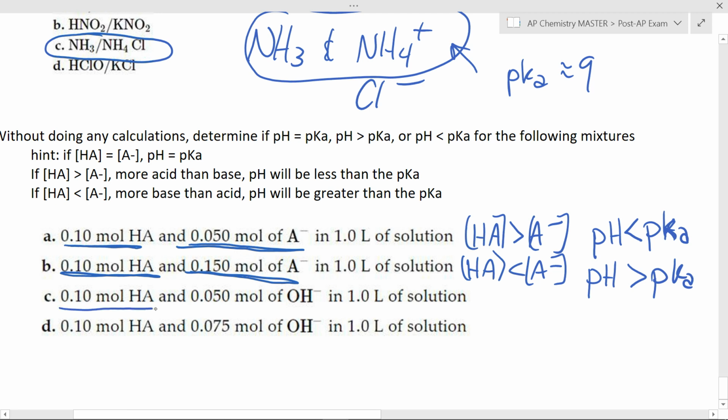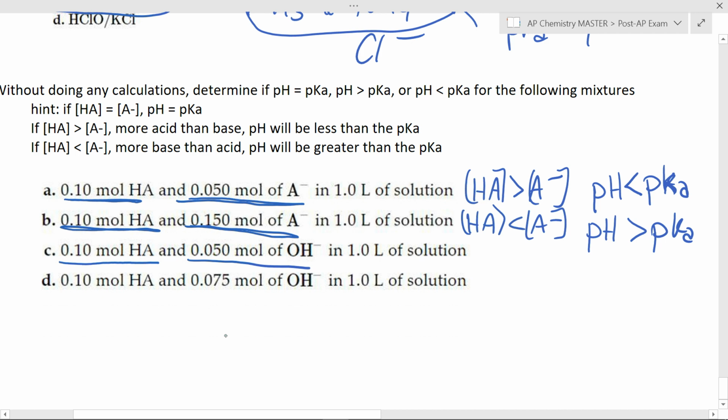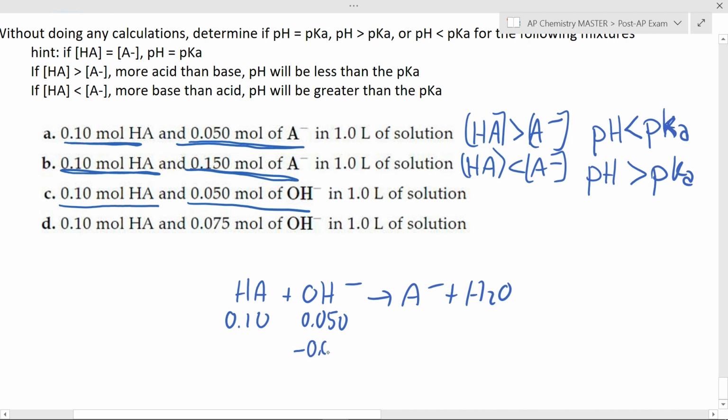This one, if I got 0.1 mole of HA and 0.05 moles of OH-, this looks like a titration scenario. So what that means here is I start with HA, I'm adding some hydroxide. I'm actually going to write this out real quick. And you don't necessarily have to, but I am going to. My hydroxide is going to react, and as it reacts, it's going to use up some of my HA here.